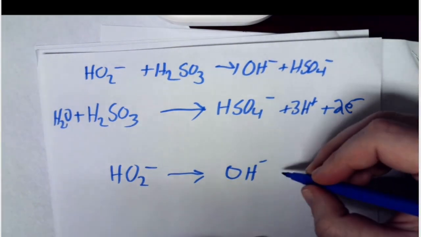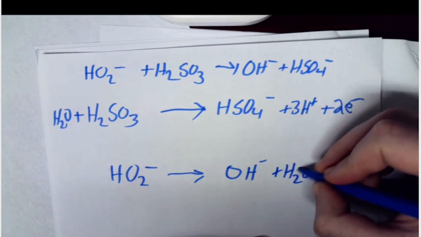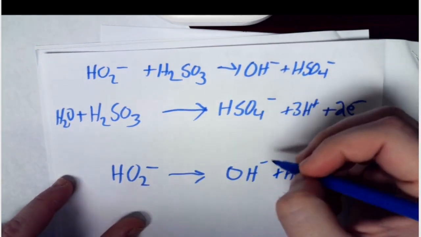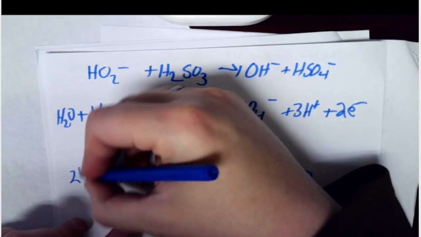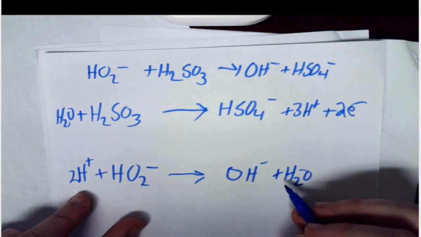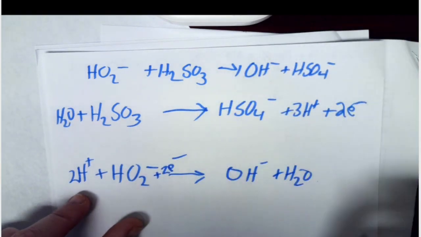Let's go ahead and try to do it with water. Let's put water on this side to balance the oxygens. 2 oxygens, 2 oxygens. Now we have 3 hydrogens, 1 hydrogen, so let's put 2 hydrogens. We have 1 plus and 1 minus, so I need to add 2 electrons here.